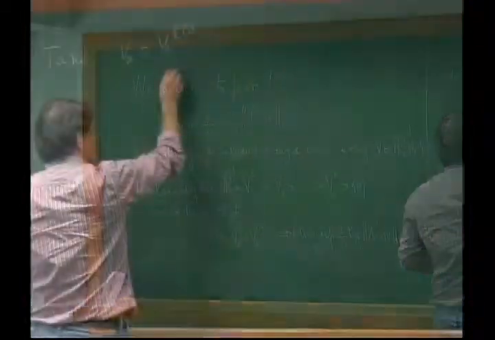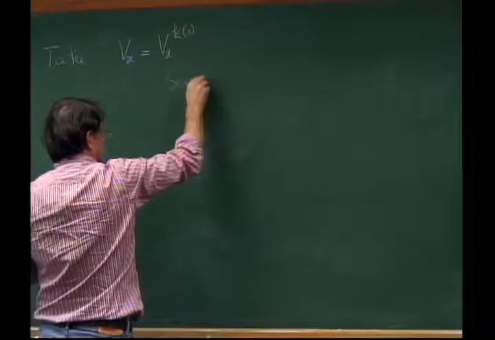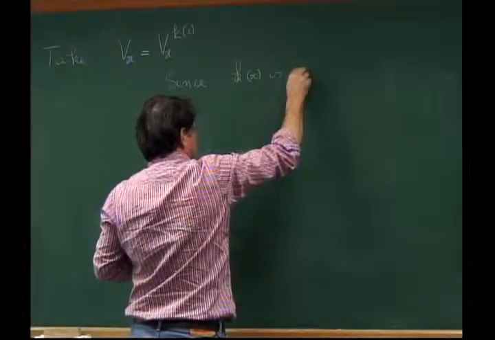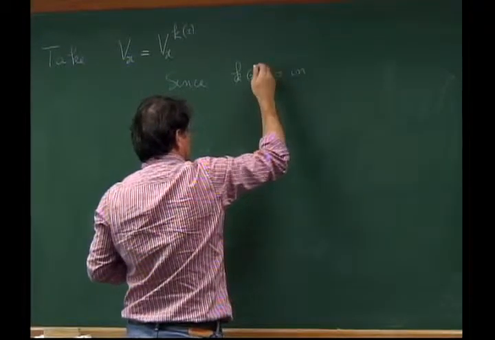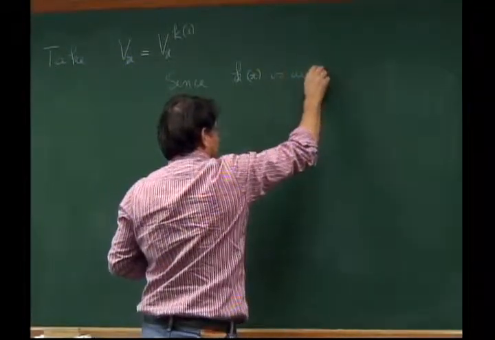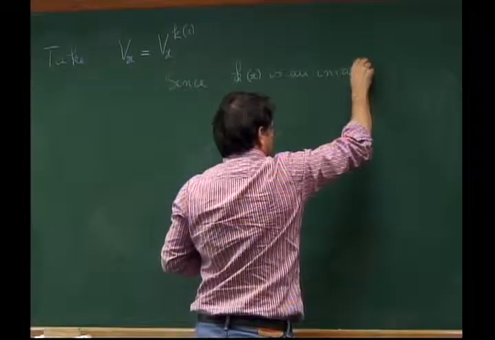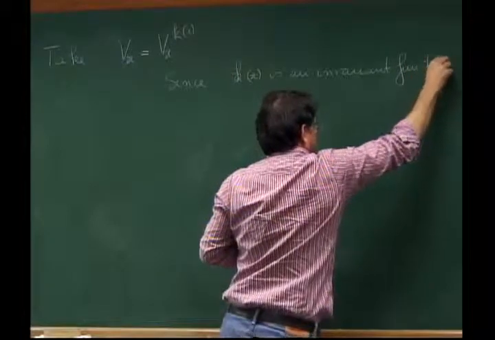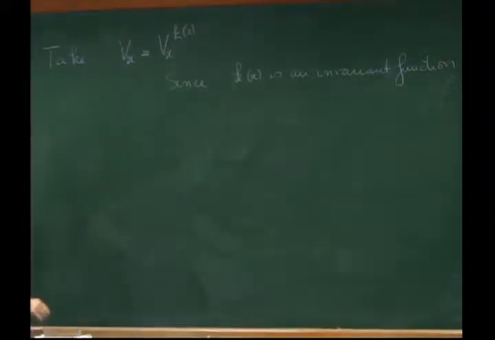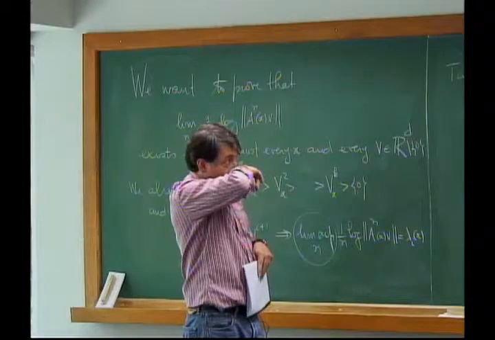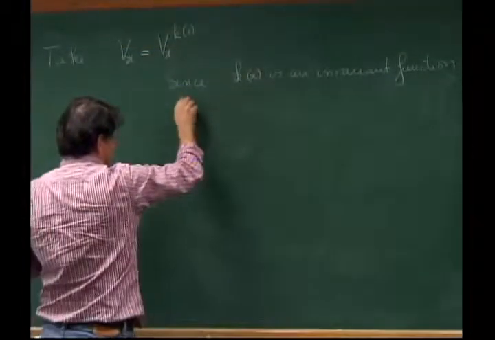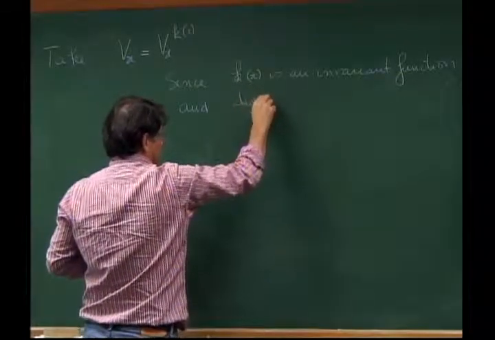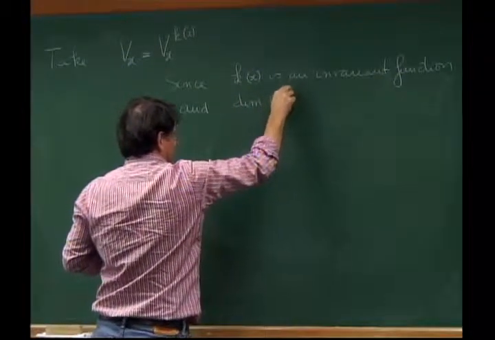Since k is an invariant function, it's constant on orbits. So if you have a certain value of k at point x, you have the same value at f of x. And the dimension of this subspace is also invariant.